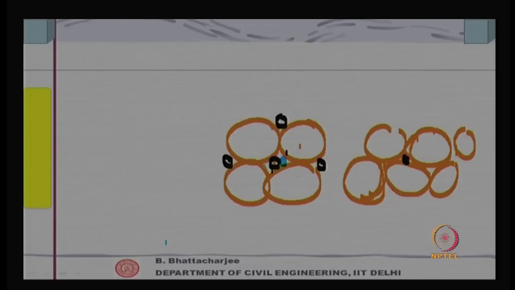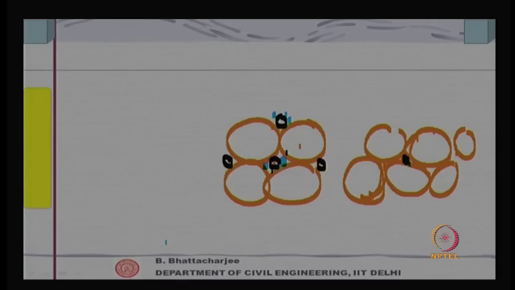And if you want to reduce this void further, then you use maybe a third finer particle. If you put finer particle, they will go into the interstices of this particle itself, and reduce the void. So, therefore, void contents depend upon packing characteristics.